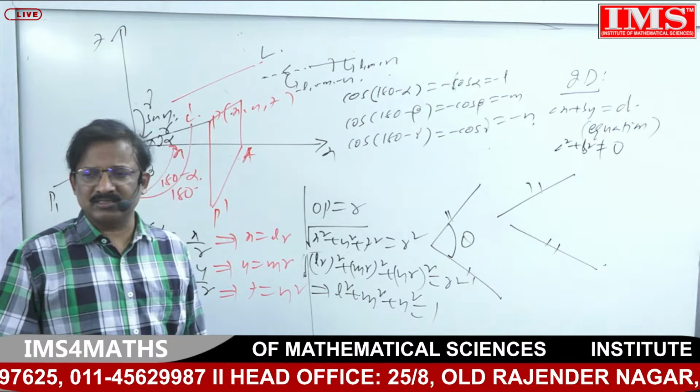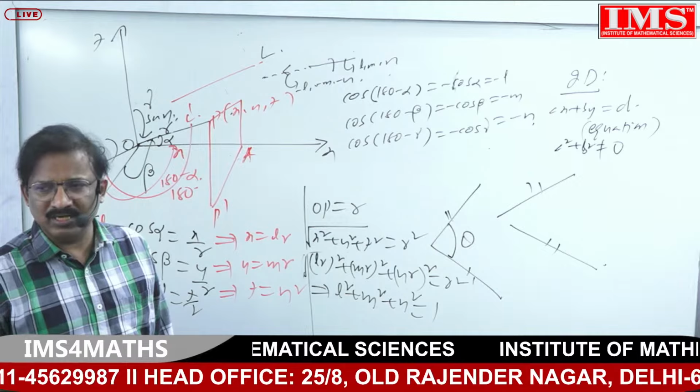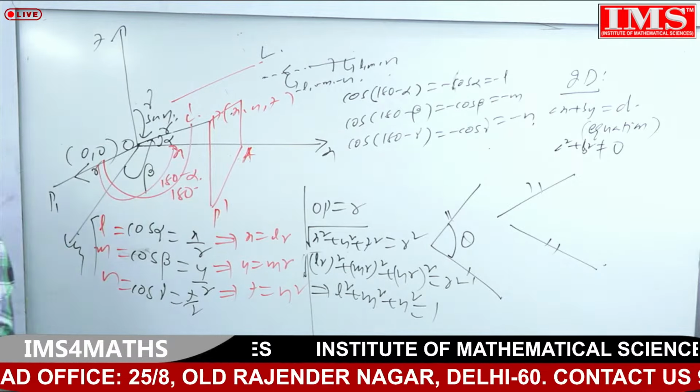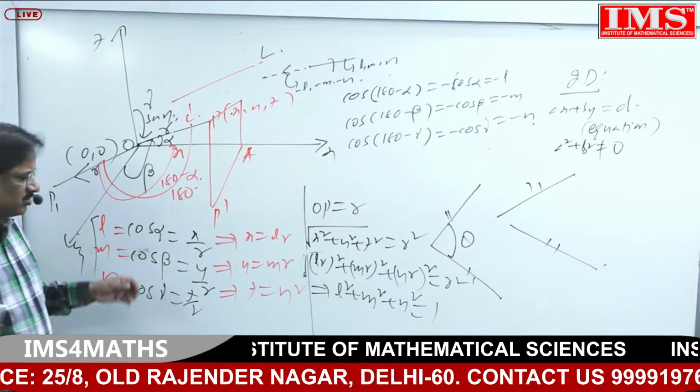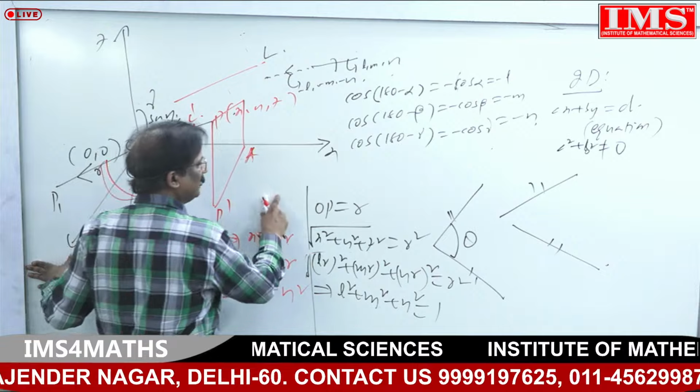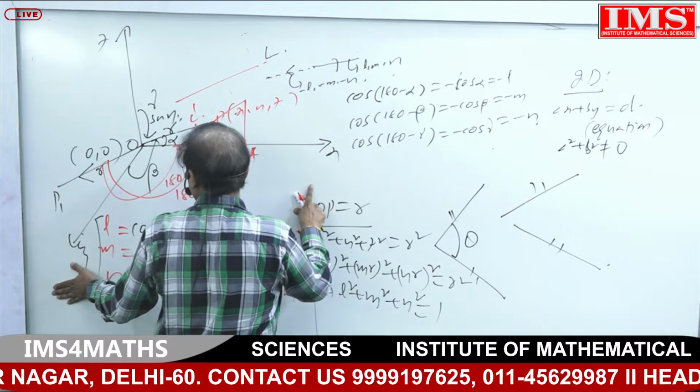For the opposite direction, you have the same cosines with the opposite sign. This is one basic piece of information regarding direction cosines. I have not gone to the ratios yet; I'll tell about that also.